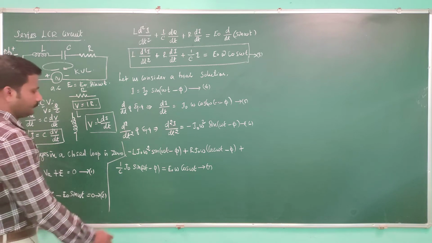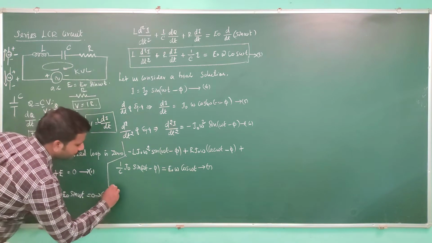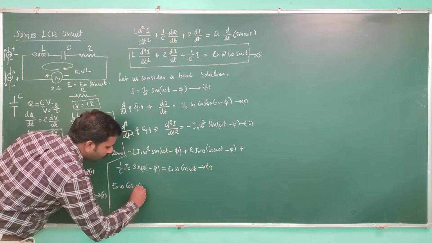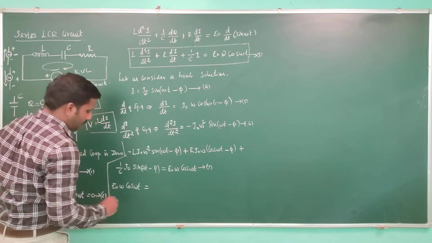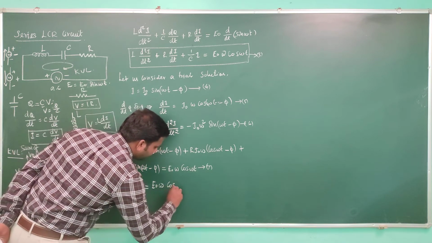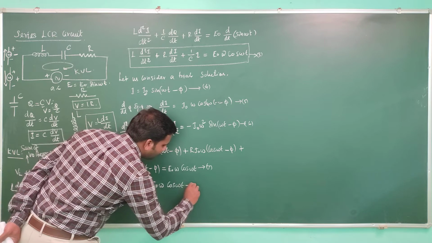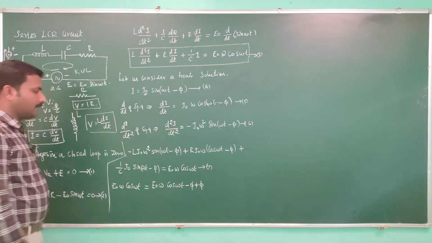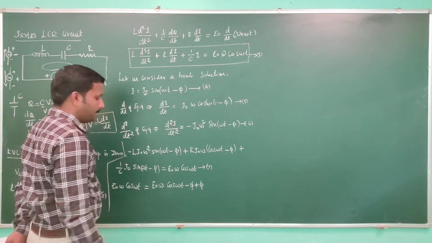Now let us consider E naught omega cos omega t, which is equal to E naught omega cos(omega t minus phi plus phi). We are subtracting and adding the term phi.